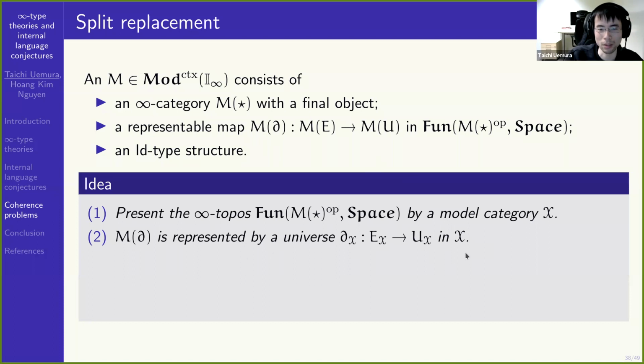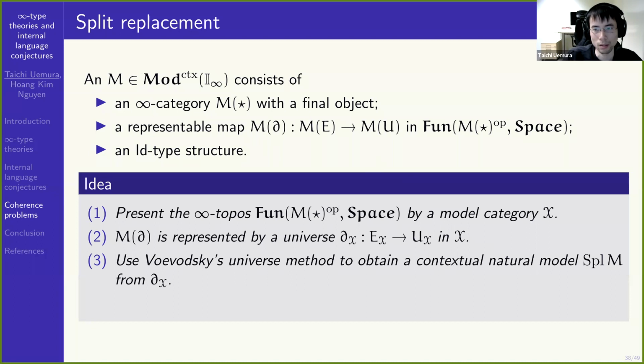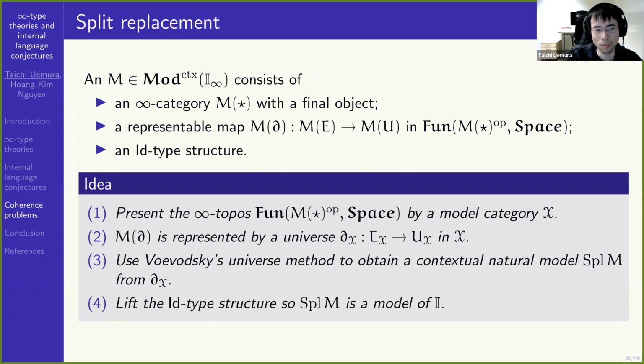So anyway, we have some map in the model category X. Then we can use the so-called universe method of Voevodsky to obtain a contextual natural model. But this model is just a natural model without any type constructors, so we also have to lift the identity structure of the given model to this split replacement.